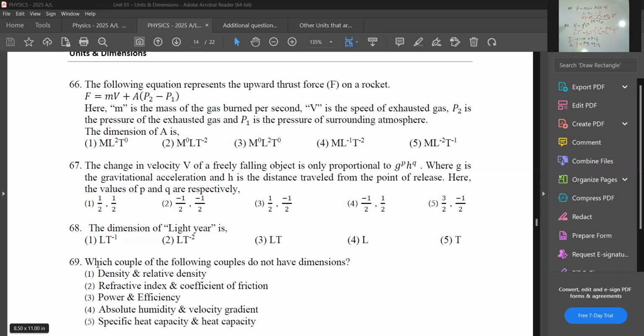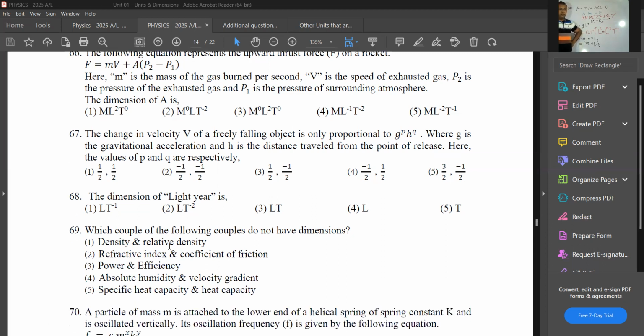69. Which couple of the following couples do not have dimensions? What is the answer? Both should not have dimension. Second one. Very good. Density has a dimension. Relative density doesn't have dimension, but density has.